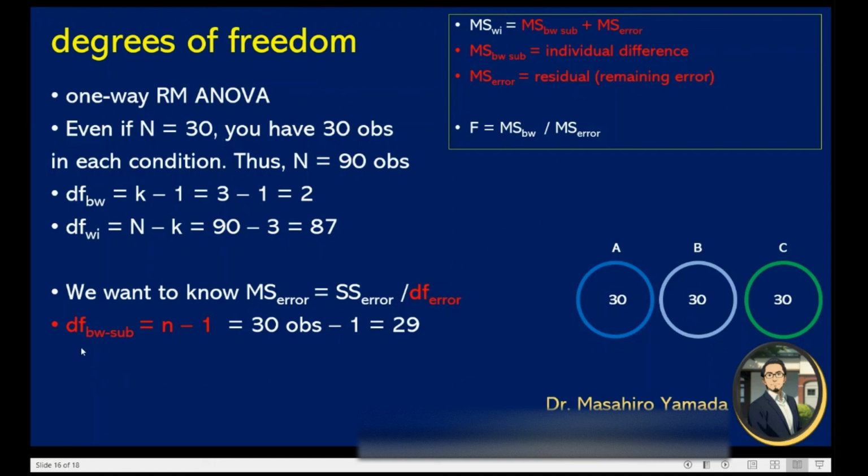Degrees of freedom between subject is lowercase n minus 1, which is 30 observations minus 1 in this specific example, therefore 29. So you subtract the between subject degrees of freedom from the degrees of freedom within treatment, which gives you 58.